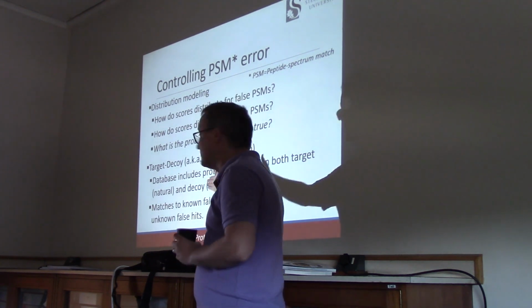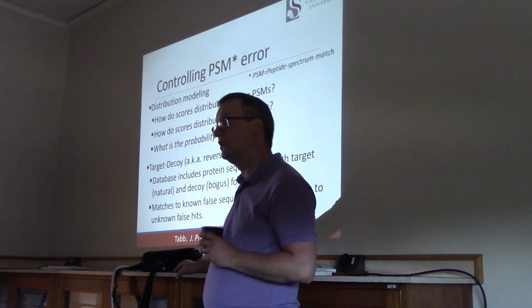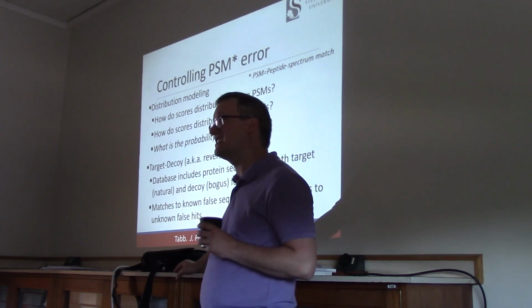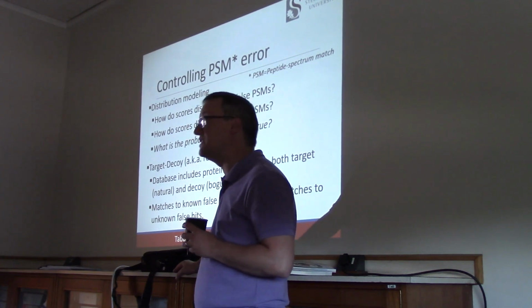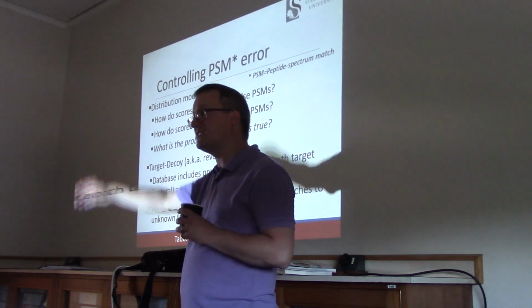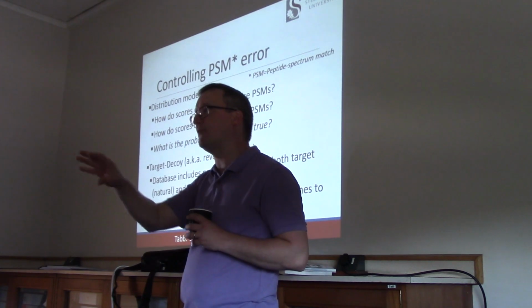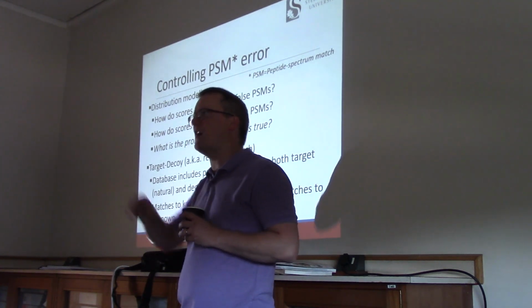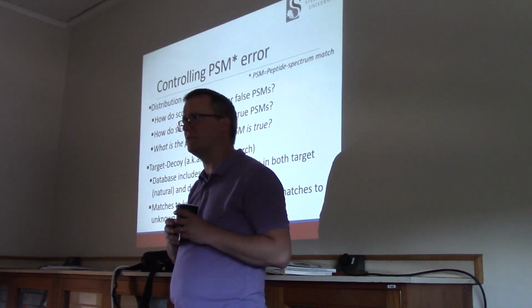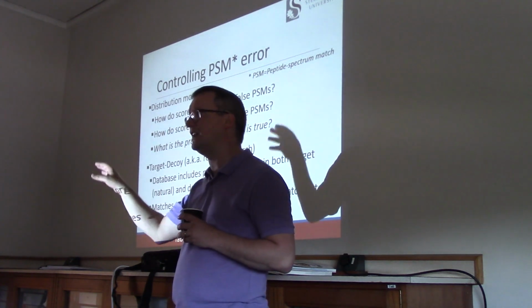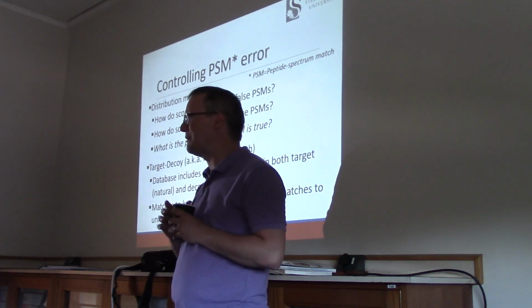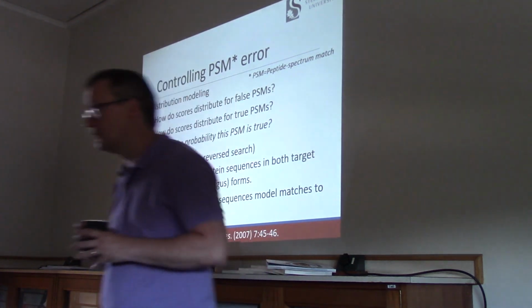In the second case, in Target-Decoy search, we're most typically trying to make a statement about the collective identifications. Out of this set of IDs, we think the fraction that's false is about 5% or about 2%. All right, so these represent different goals, and they also represent different approaches.